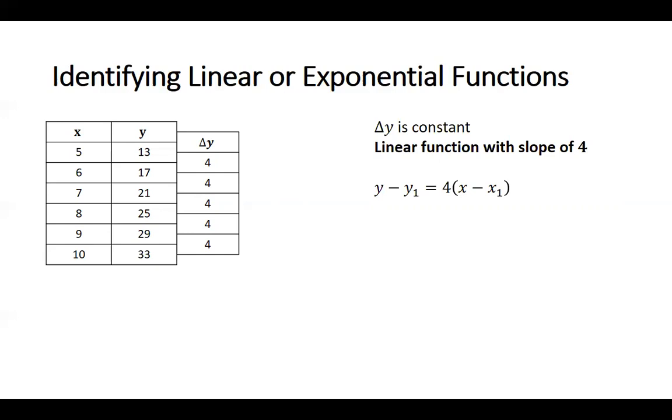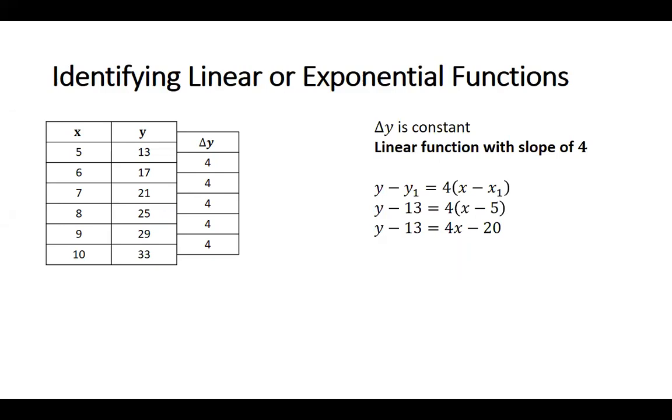I have y minus y1 is equal to 4 times x minus x1. I'm just going to use the first ordered pair, 5, 13. So I've got y minus 13 is equal to 4 times x minus 5. Distribute through the 4: y minus 13 is equal to 4x minus 20.